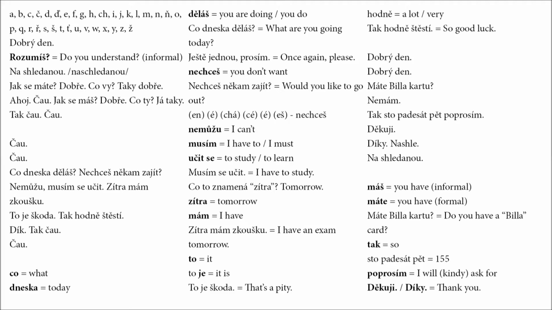So here, am I talking about myself or you? Nemůžu. This is a verb. Yeah, musím. You're talking about yourself. I must. I have to. Musím. So this is I. But what about nemůžu? It's not an M. It's not sh.